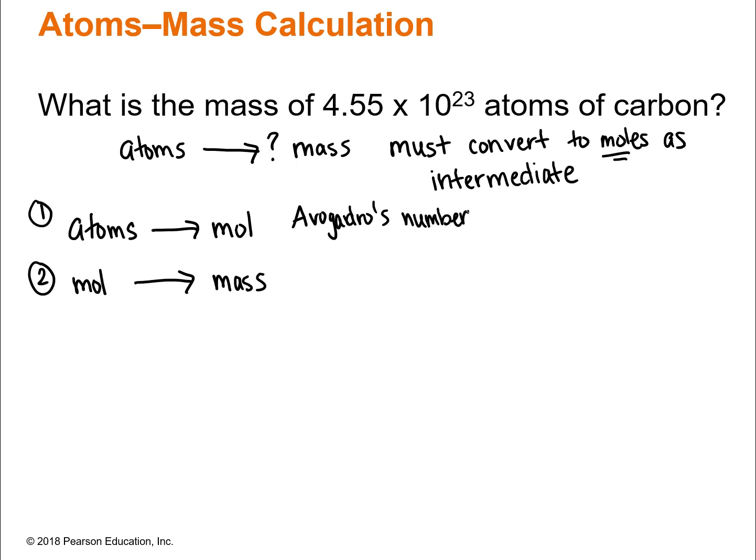And to go from moles to mass, we used molar mass. So if we string those two calculations together, we can go from the number of atoms to the mass. Does that concept make sense for everybody? Because if this leap doesn't make sense, then the numbers aren't going to help, okay?